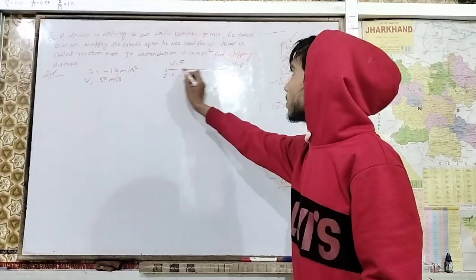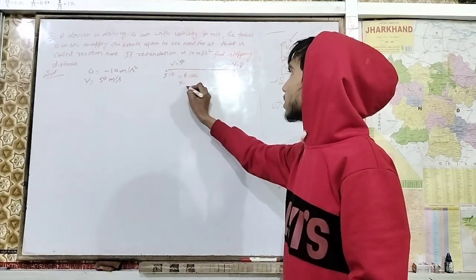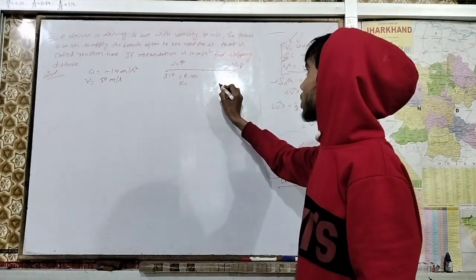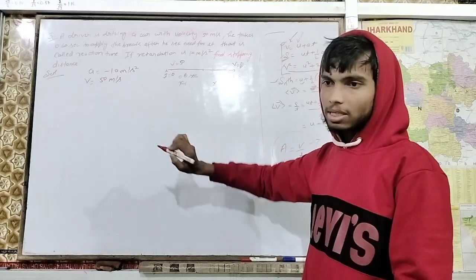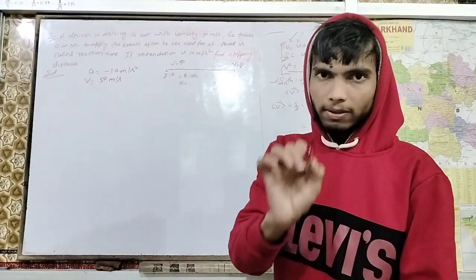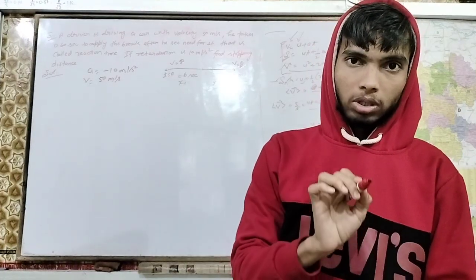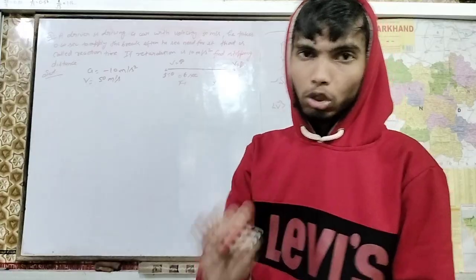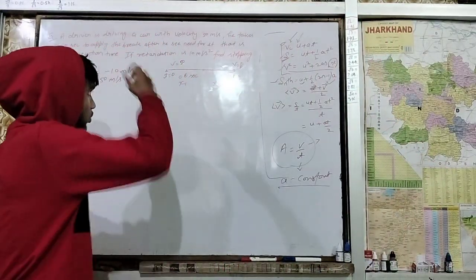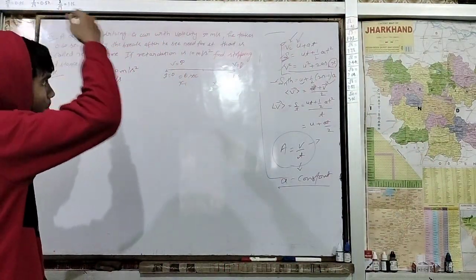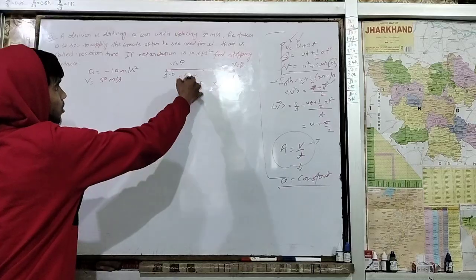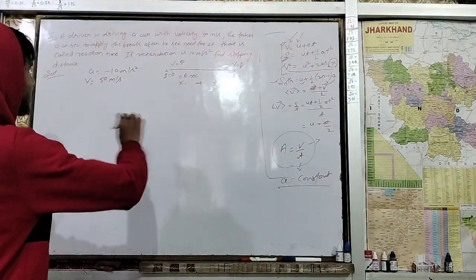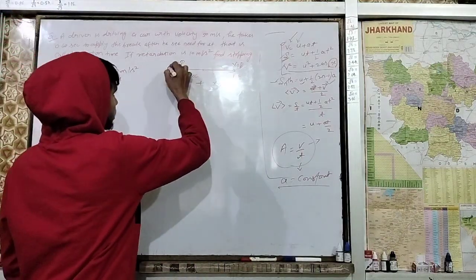So this displacement, let's say this is x1, and from here to here this is x2. So x1 is the displacement where the driver took 0.6 seconds just to apply the brake. This much displacement plus this much displacement would be our stopping distance.